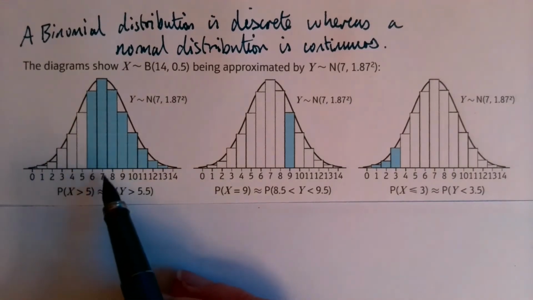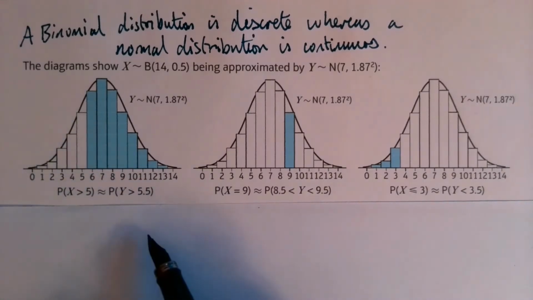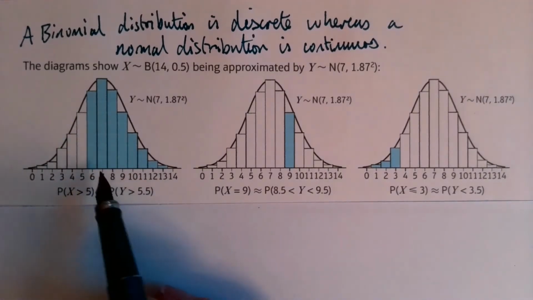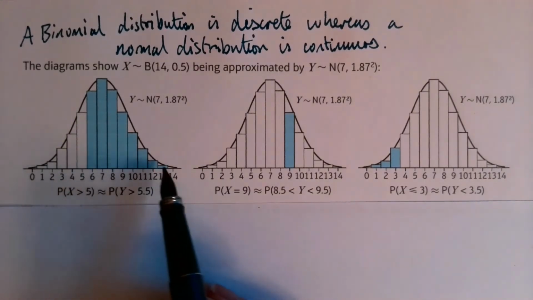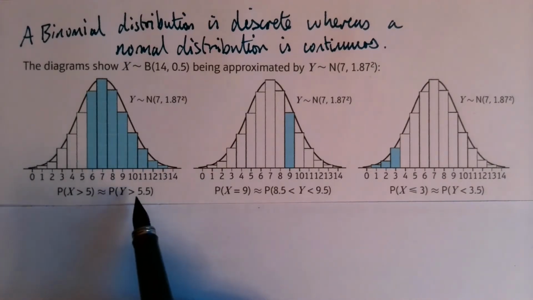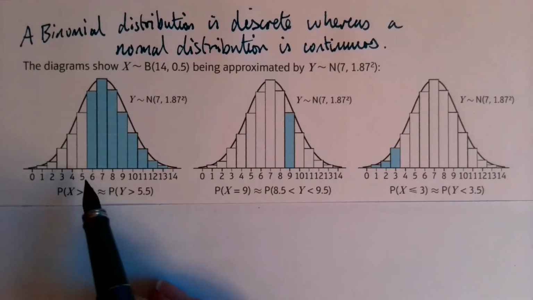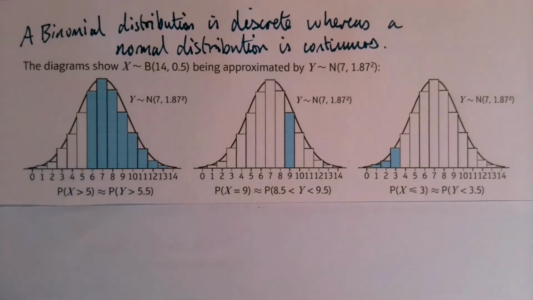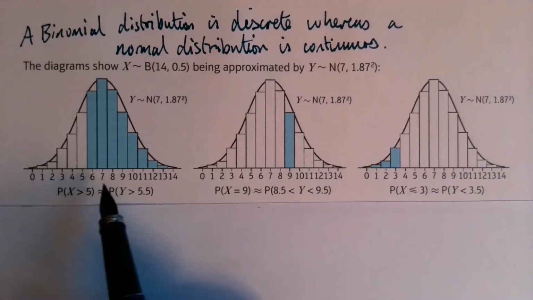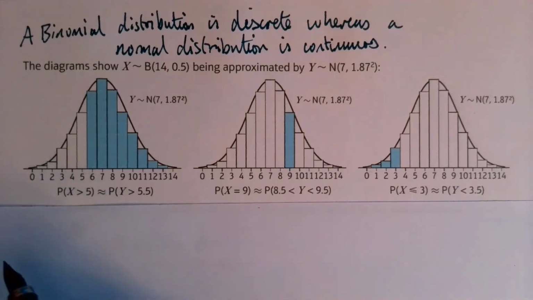So if you're going for 7, you're between 6.5 and 7.5. So the point being made here, all this blue stuff is what we would need if we were going to estimate on a normal distribution bigger than 5. We'd have to be going bigger than 5.5, because everything, to keep the approximation centered around the whole number, is going to be 0.5 above or below.